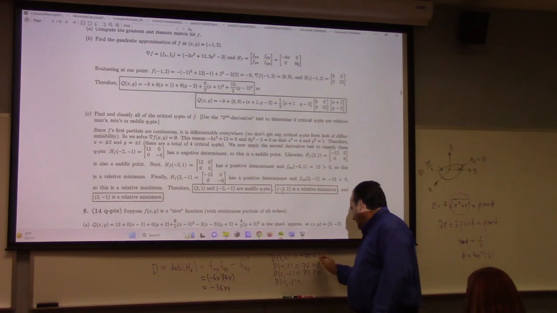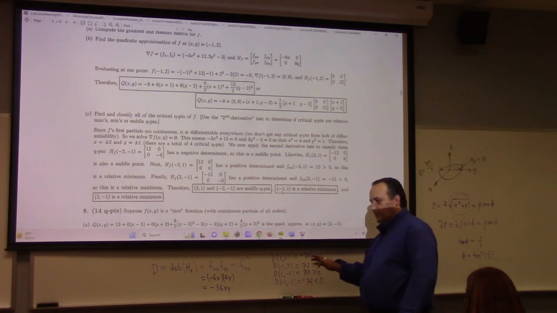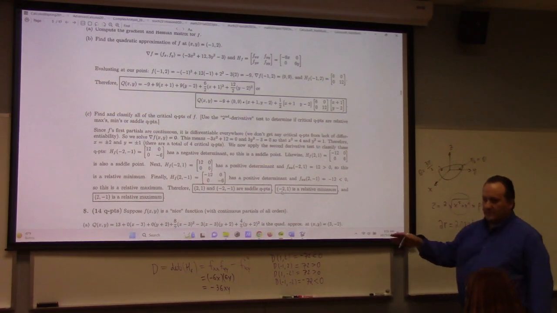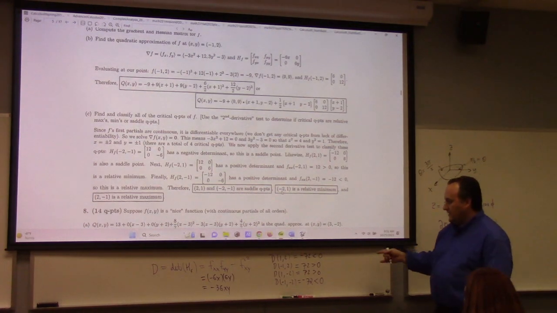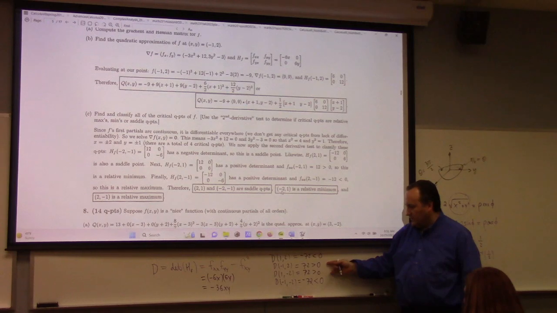That means 1, 2 and also minus 1, minus 2 are saddle points, right? They have negative big D, which means they're neither a max nor a min. And minus 1, 2 and 1, minus 2 are possible min-maxes.